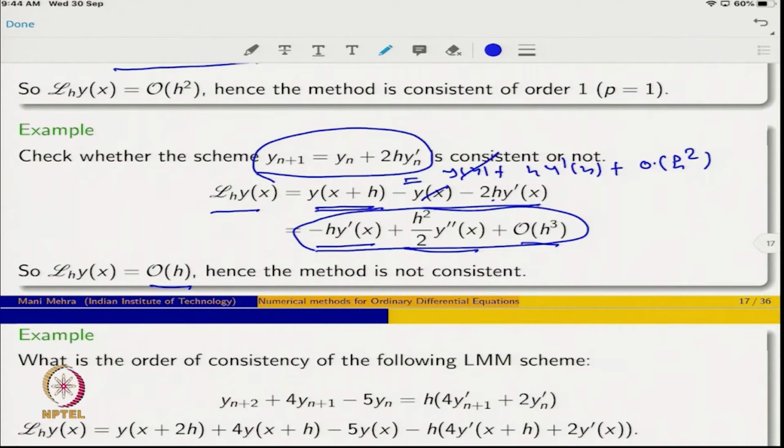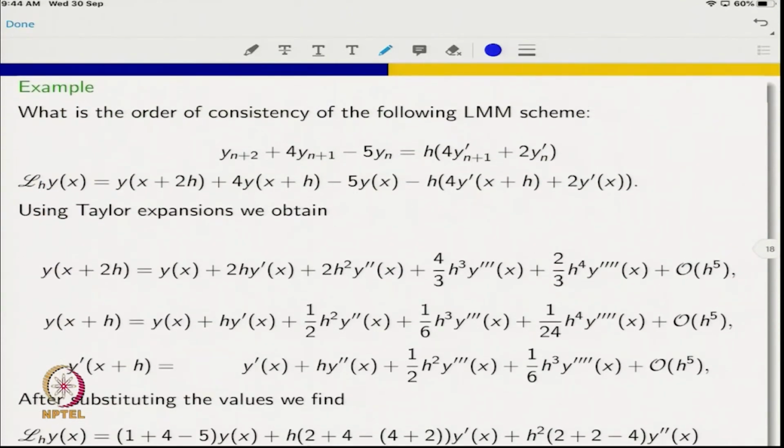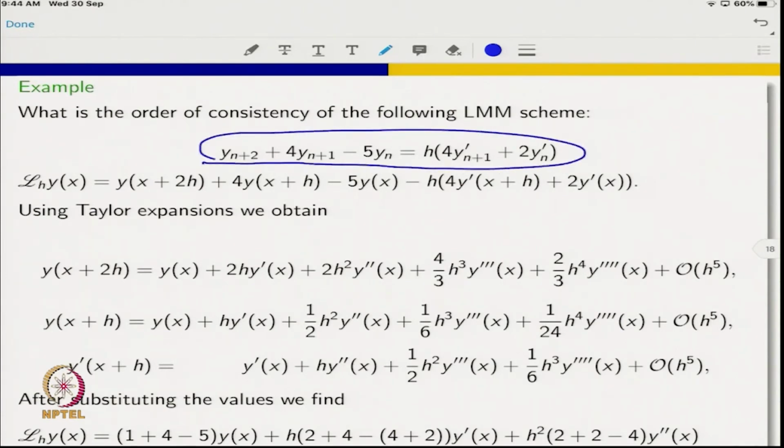Now in the next example, our aim is to find out the order of consistency of the following linear multi-step method or difference scheme. So the scheme is given to us, this. Now if I want to determine the order, again I have to follow the same procedure.